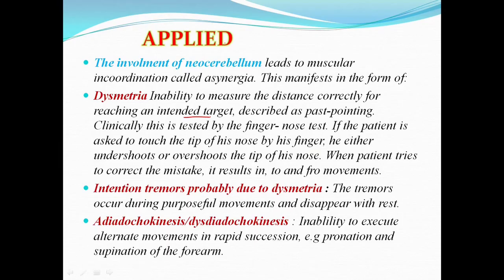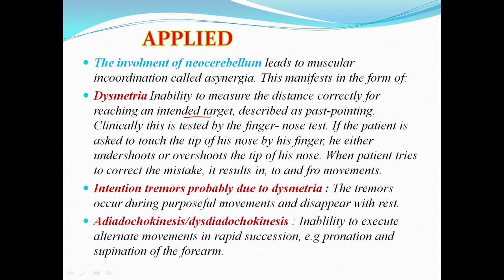But here the patient cannot touch his nose and tries to correct the mistake. Instead of touching the nose, he may touch the upper eyelid or chin. He cannot reach the intended target, so he cannot match the distance correctly, called dysmetria.